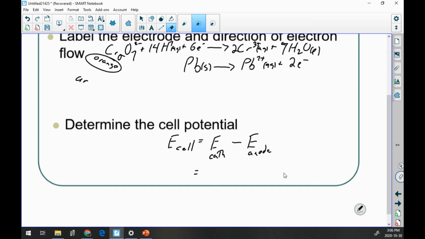Dichromate is positive 1.23 volts. The lead cell is negative 0.13 volts. So again, all I'm doing is reading the numbers along the side. Did everybody find those?